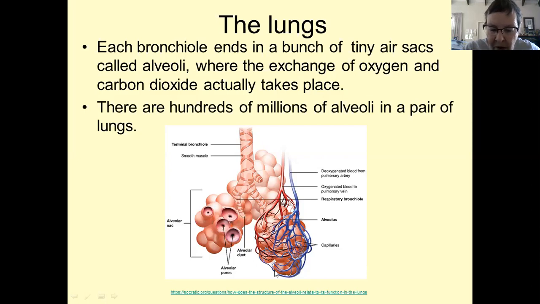And every single alveolus is completely surrounded by a network of capillaries. And the blood in that arteriole is very unusual, because arteries normally carry oxygenated blood. This is deoxygenated blood. It's an artery because it's going away from the heart towards an organ. So by definition, it's an artery.